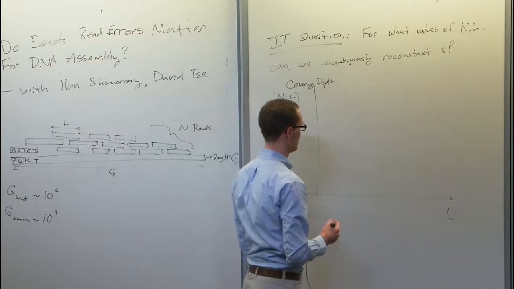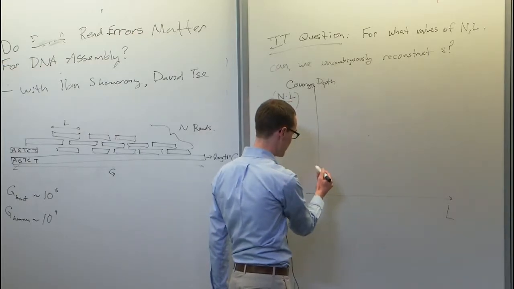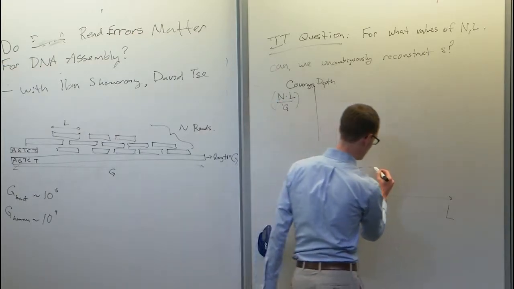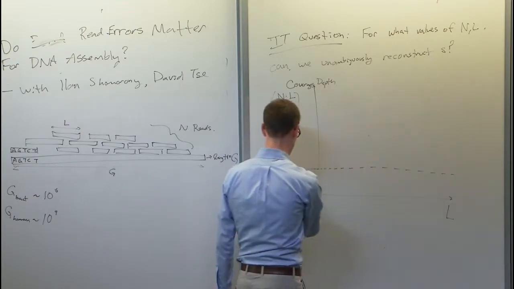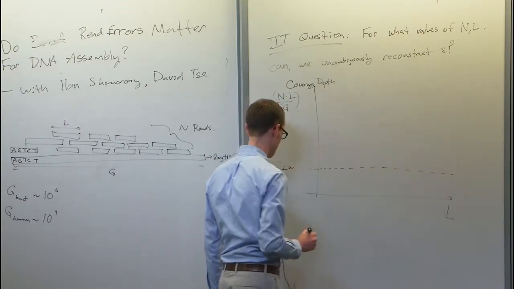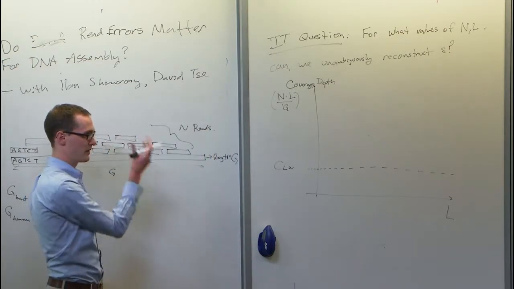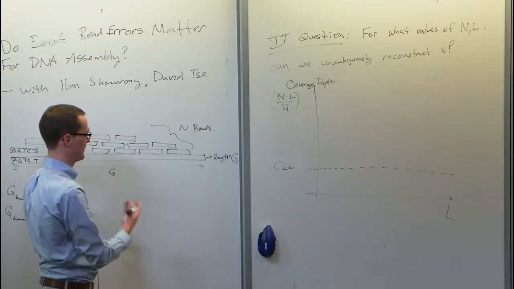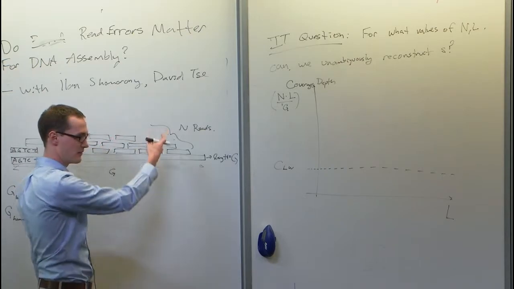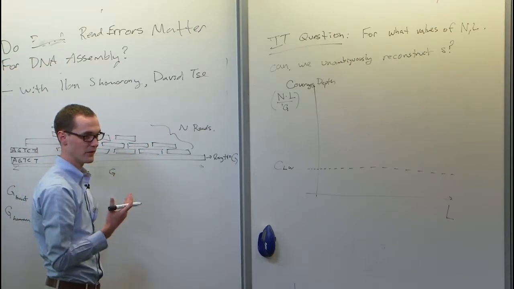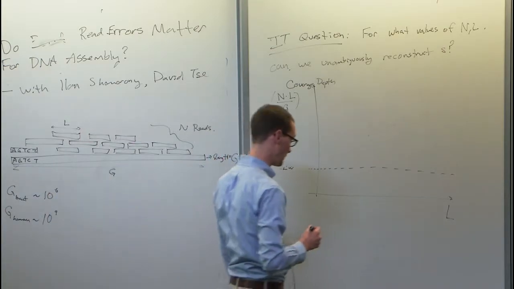Okay, so you can come up with some pretty simple bounds here. There's something called the Lander-Waterman coverage depth bound, which says that if these reads are taken at random positions, you basically need a certain number in order to guarantee that every single base is covered. If you don't do that, you have no prayer of reconstructing, right?